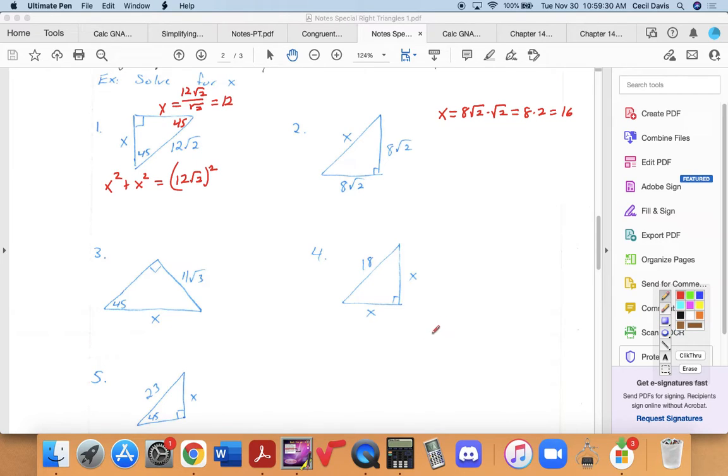Which is the rule we figured out from the previous page. So here, the hypotenuse will be 11 square roots of 3 times the square root of 2. That's 11 square roots of 6.